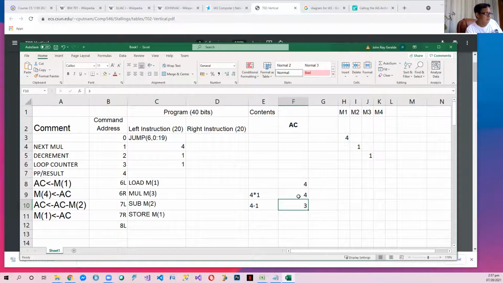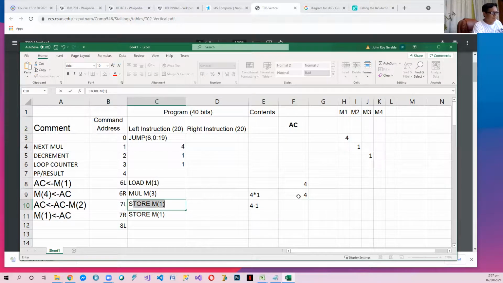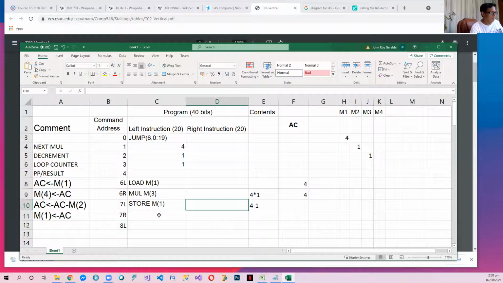And then we store M1. Store M1. So M1 becomes a 4.